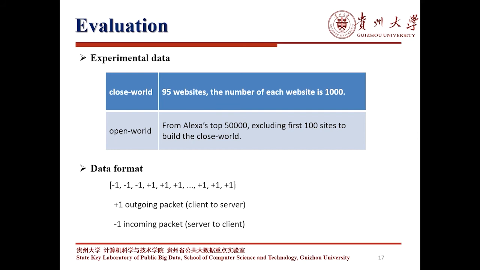From Alexa's top 50 sites excluding the first 100 sites to build the closed world. It was processed and the number was 40,716. The form of this data is a packet direction sequence, not a pcap file. One is from the client to the server, and -1 is the opposite.